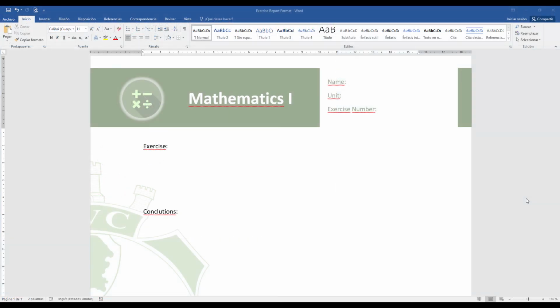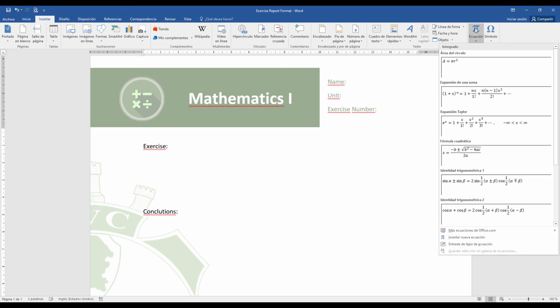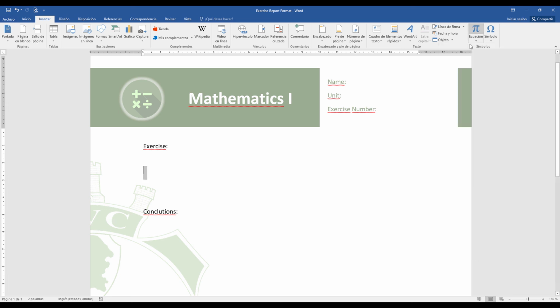Okay, how will you solve direct and inverse variation problems in Word? You need to use the equation editor. You need to use the Insert tab, and here the equation editor.